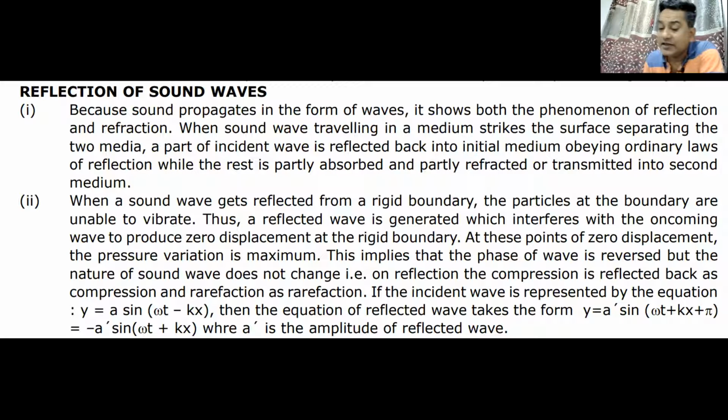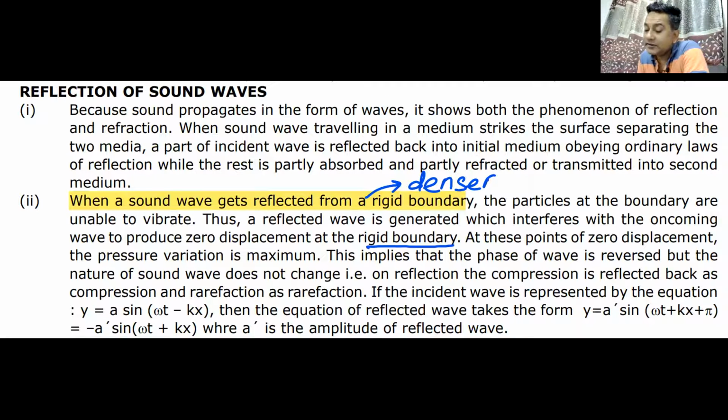What we must understand here is what happens when a sound wave gets reflected from a rigid boundary. Instead of a rigid boundary, we can also say that it is getting reflected from a denser medium. Do you remember we had seen this reflection in transverse waves? Yes or no? Yes, sir. Here we are also calling it a rigid boundary. When any wave gets reflected from a denser medium or a rigid boundary, the phase of the wave is reversed.